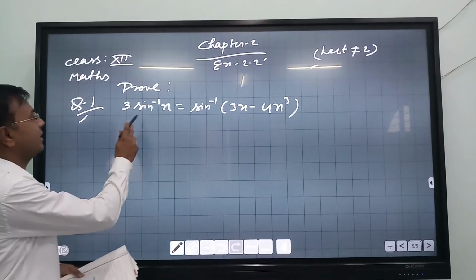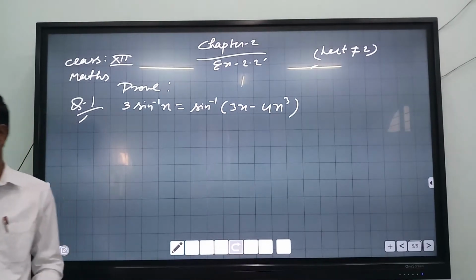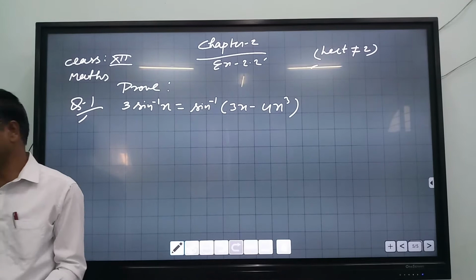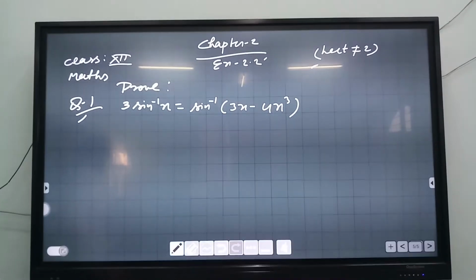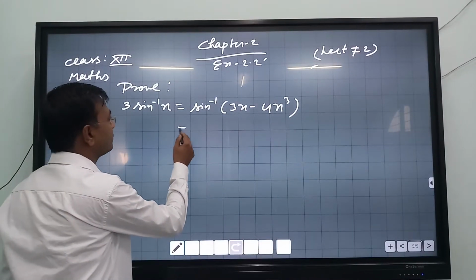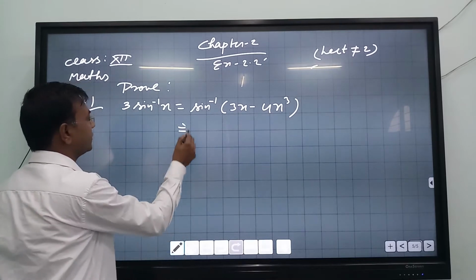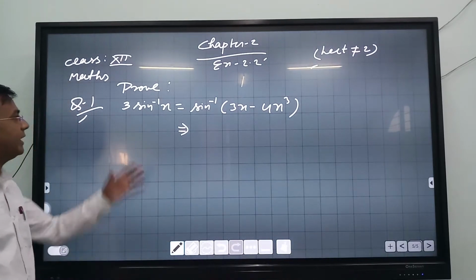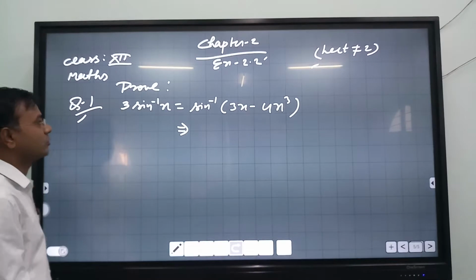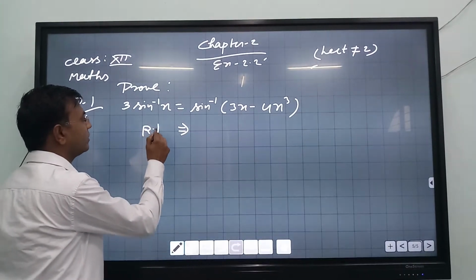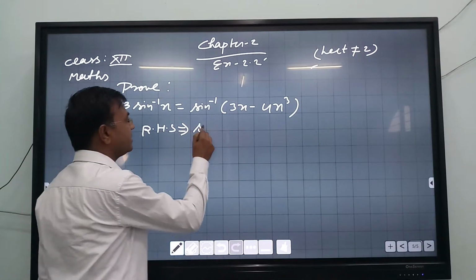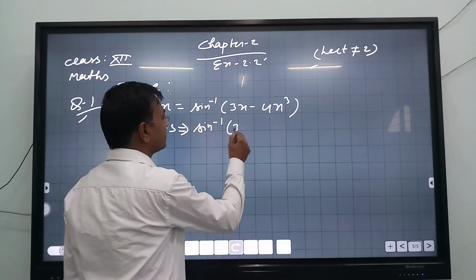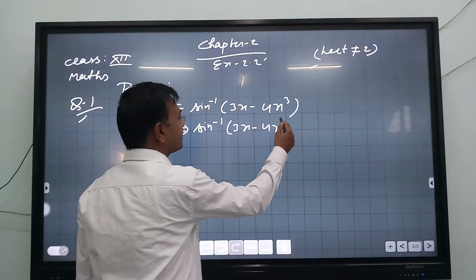Prove that 3 sin inverse x equals sin inverse of (3x minus 4x cube). Now see, LHS and RHS are there. We will start with the RHS, that is sin inverse of 3x minus 4x cube.